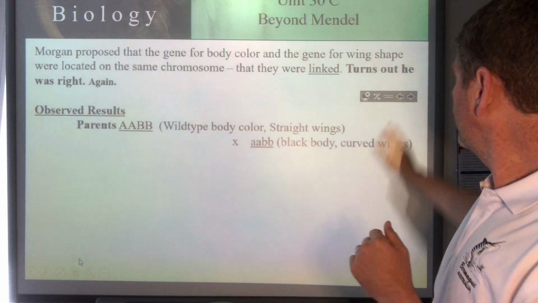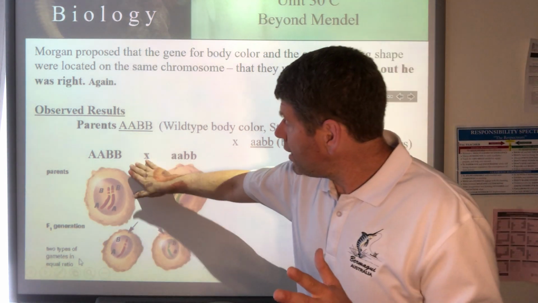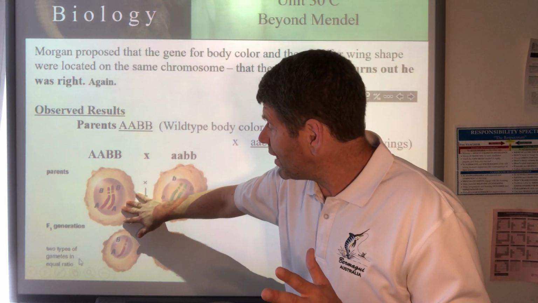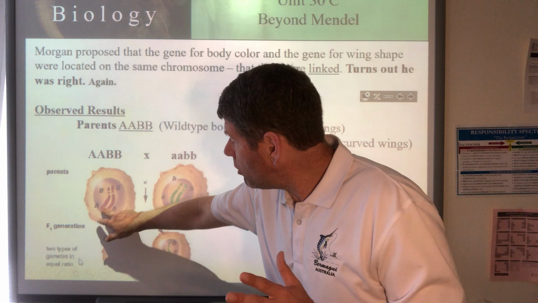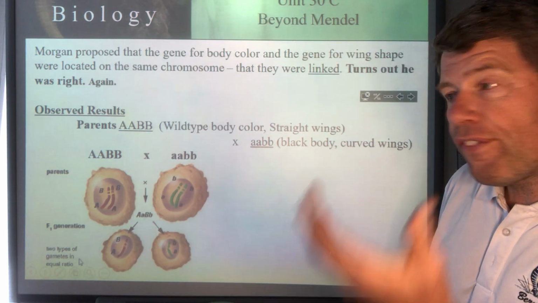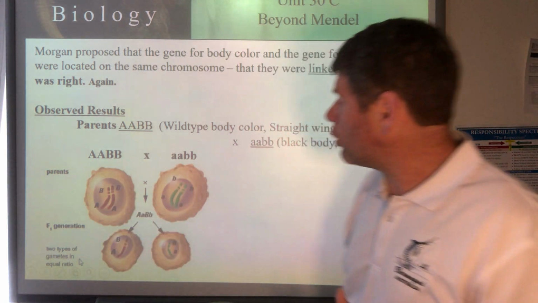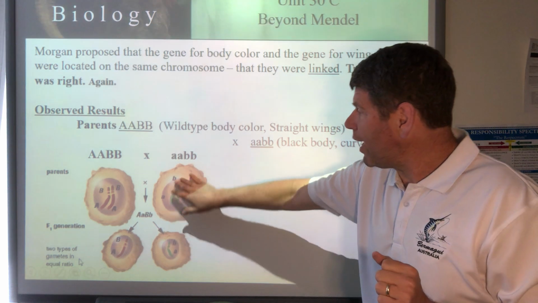So he was right. Again, if we look at what's happening, this is what we should see in the gametes, but now we're only looking at one chromosome. So the B and the A allele are found on the same chromosome. For this parent, we always have a capital A with a capital B. For this parent, we always have a little a with a little b.